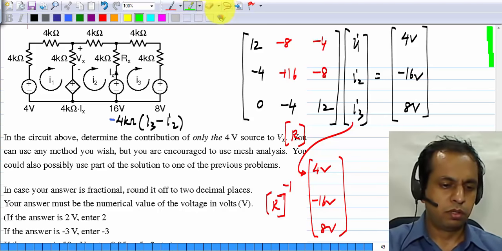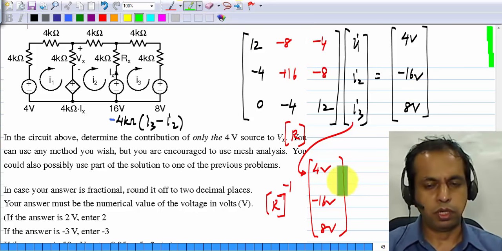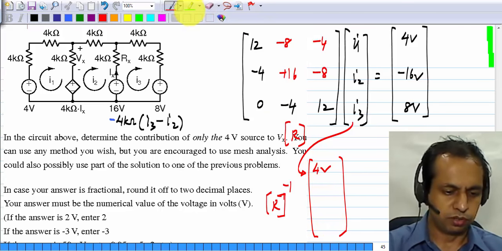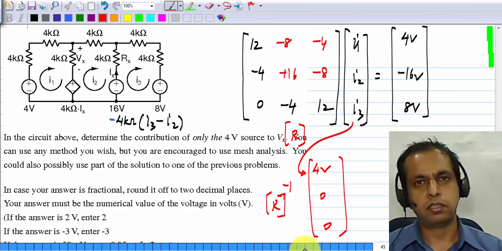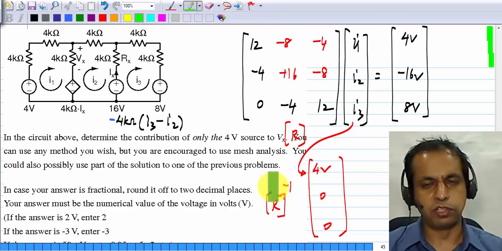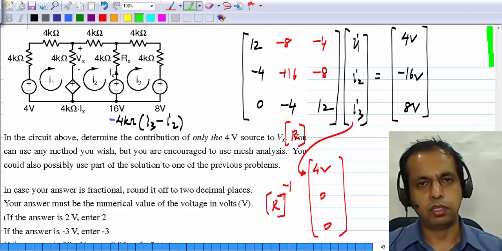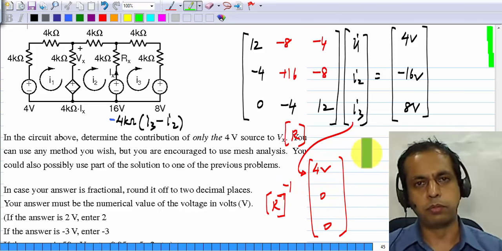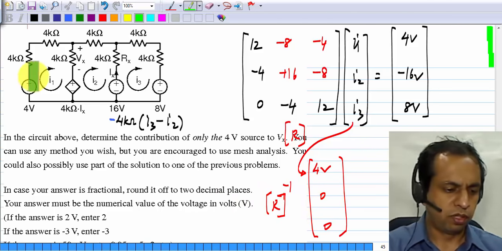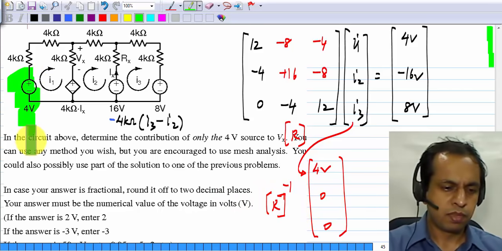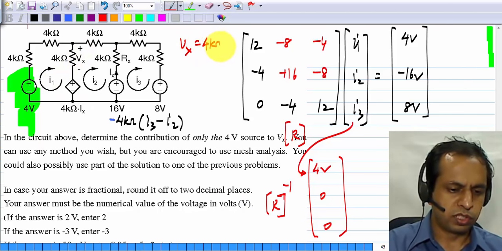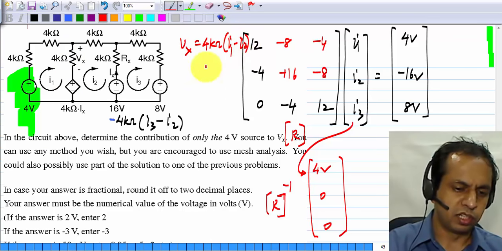Now when you have only the 4 volts in picture, then you just reduce these two to 0. Okay, right? So actually it's only the first column of this that contributes to the result, okay, because the others will get multiplied by 0. So this gives you I1, I2, I3 because of only this source, and you know that Vx is 4 kilo ohms times I1 minus I2.